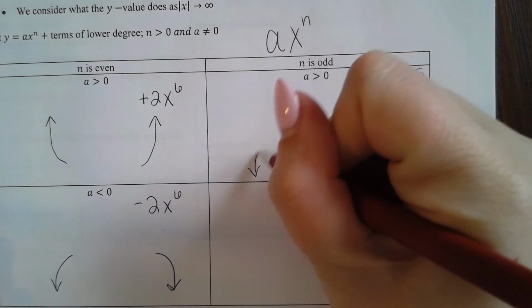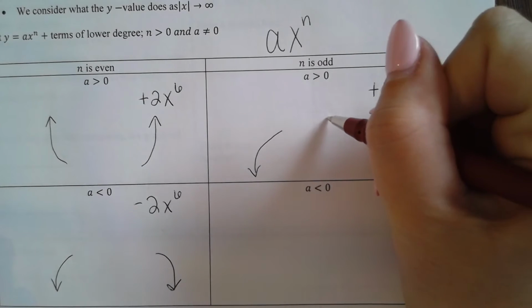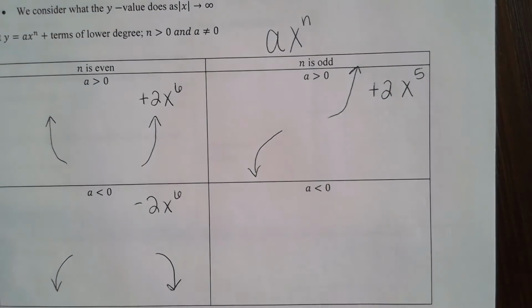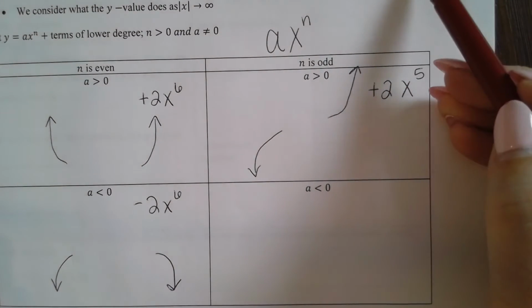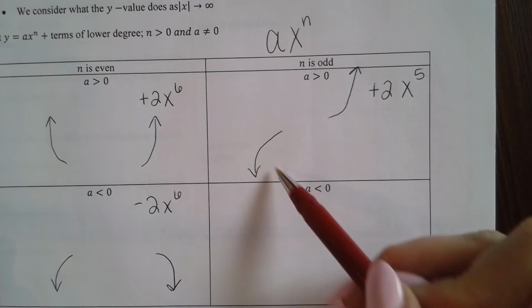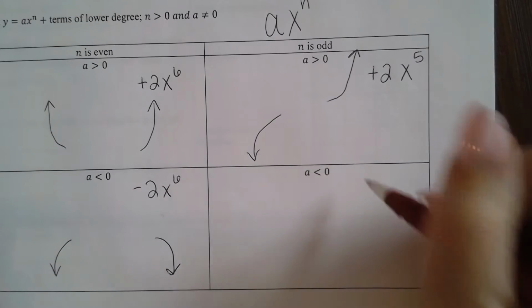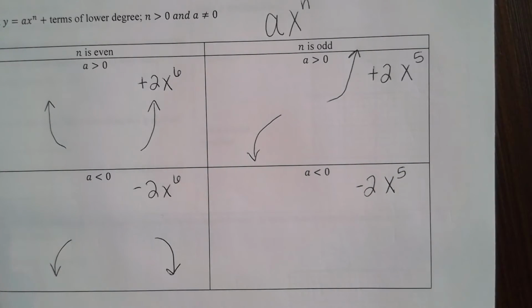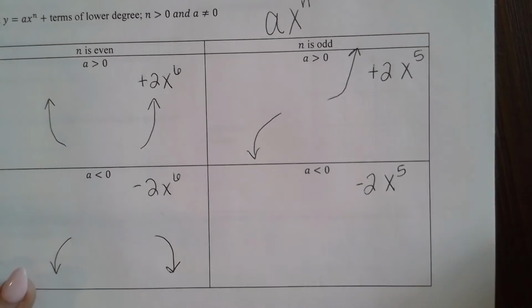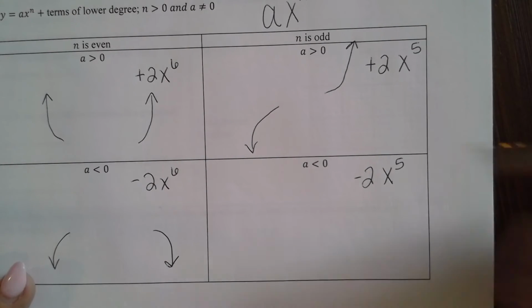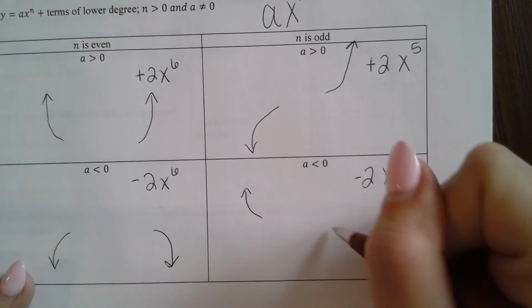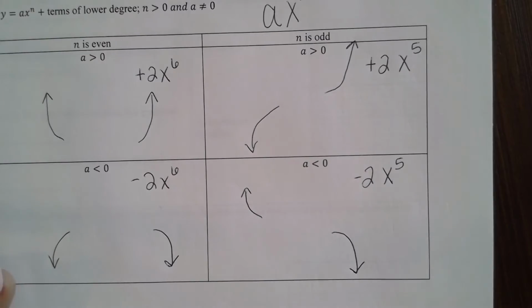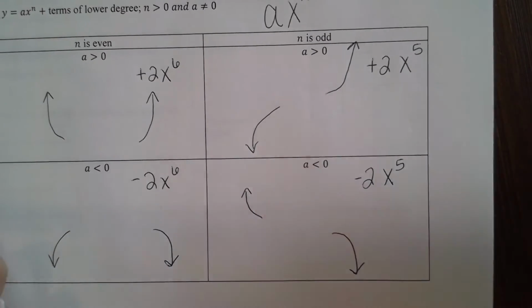So it's going to start down, and by the time we get to the right, it's going to be pointing up. So from left to right, it's positive, it's increasing. Compared to if a is negative and the power is odd, it's going to be going down. So it's going to start up, and by the end, it's going to be going down.